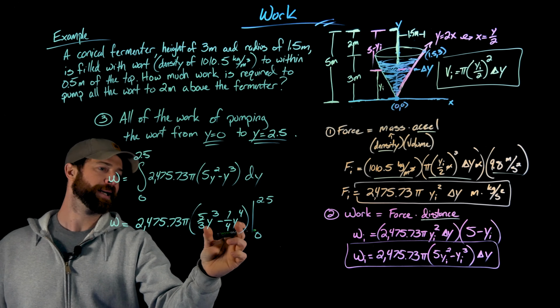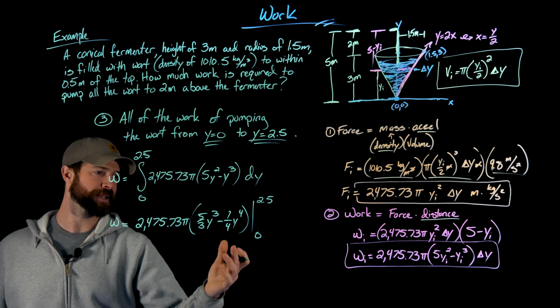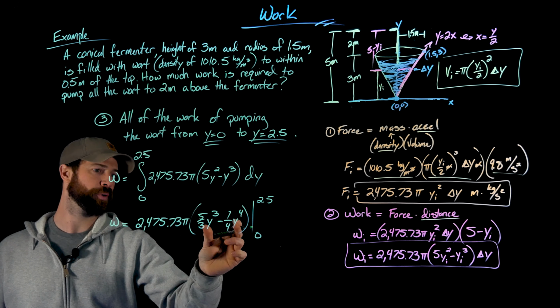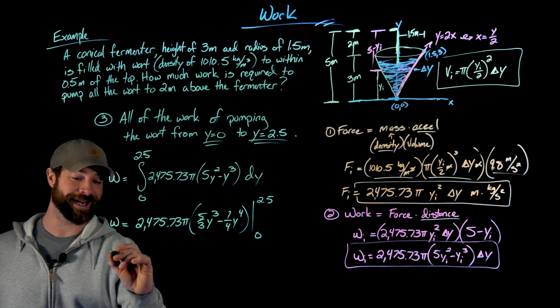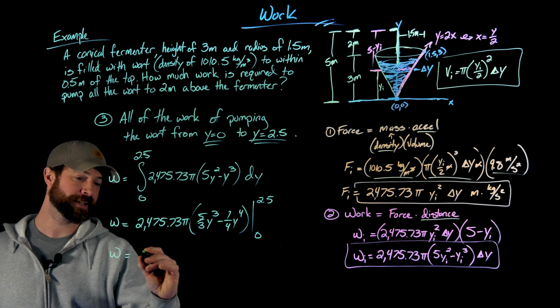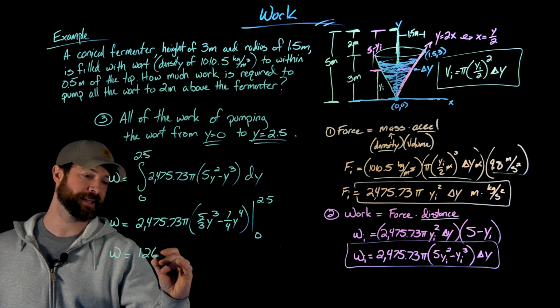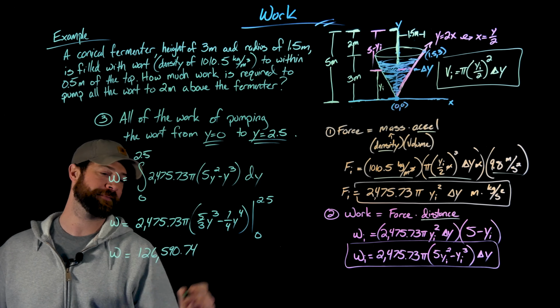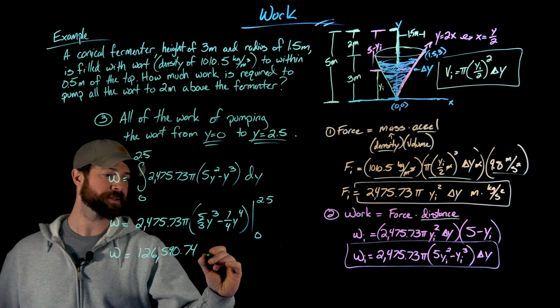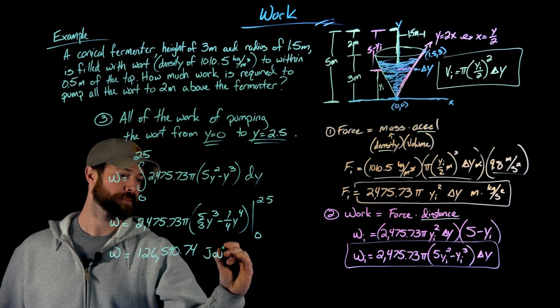Importantly here again is that when I plug in 0, nothing happens. So this comes down to just plugging in 2.5 here and evaluating. And when I did that, I computed that this is going to take 126,590.74 Newton meters or joules.